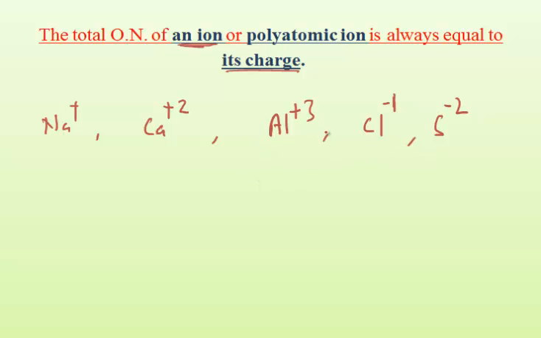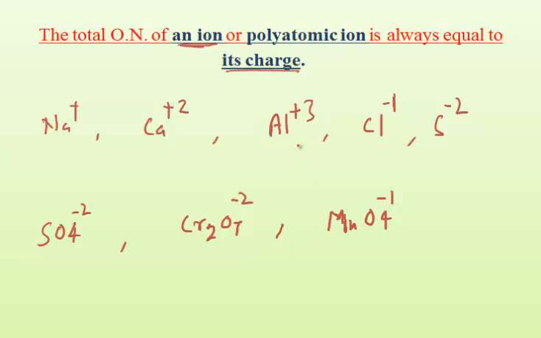These are individual ions. Polyatomic ions are ions made up of more than one atom. For example, the sulfate ion has a -2 charge, Cr2O7 has a -2 charge, and we can have one more polyatomic ion, MnO4, and its total charge is -1.